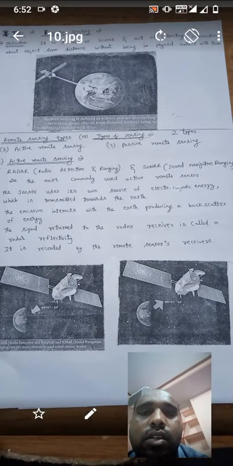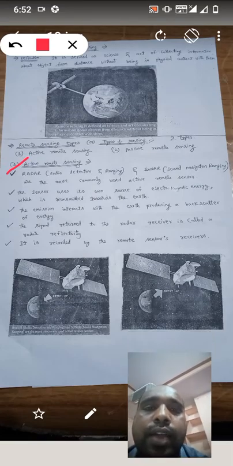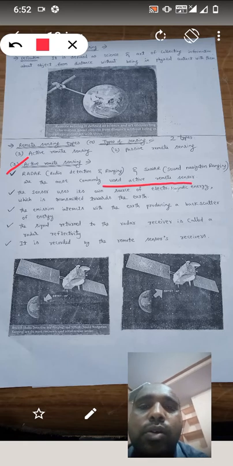Next, remote sensing has two types: active remote sensing and passive remote sensing. In active, radar, radio detection and ranging, and sonar, sound navigation and ranging, are the most commonly used active remote sensors.